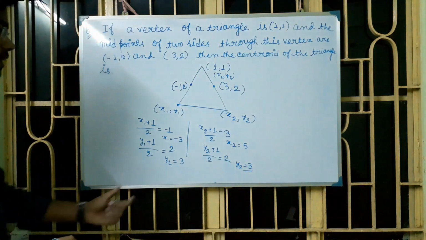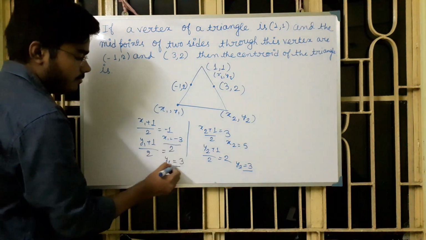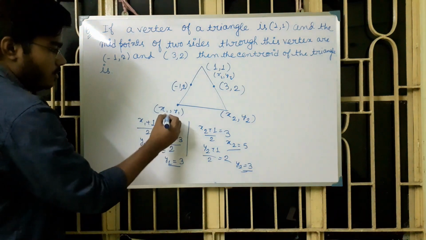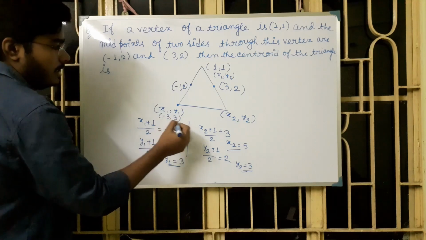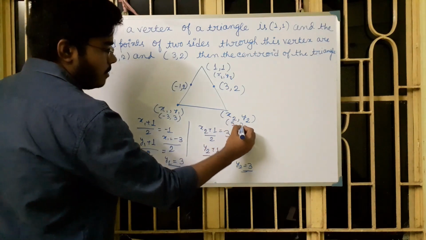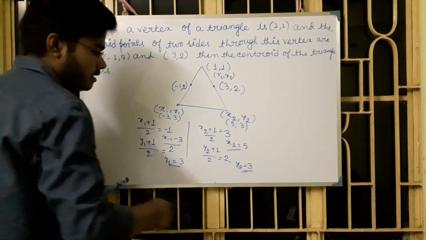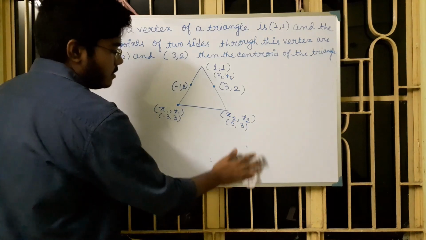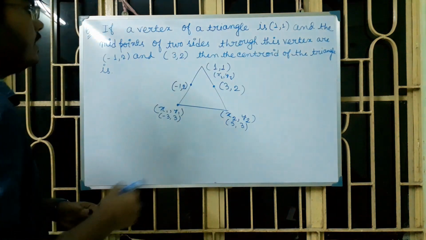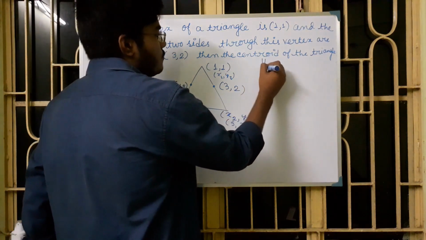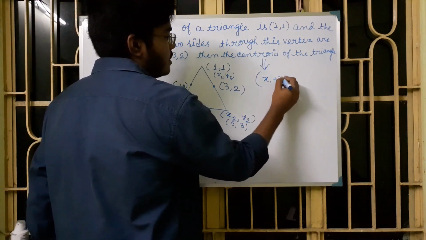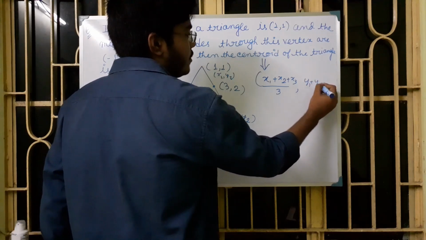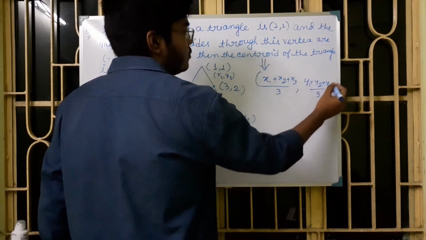Okay, first write this thing. So (x1, y1) equal to (-3, 3) and (x2, y2) equal to (5, 3). There is no need of these things. Okay, and the fundamental formula of the centroid is (x1 plus x2 plus x3) upon 3, comma, (y1 plus y2 plus y3) upon 3.